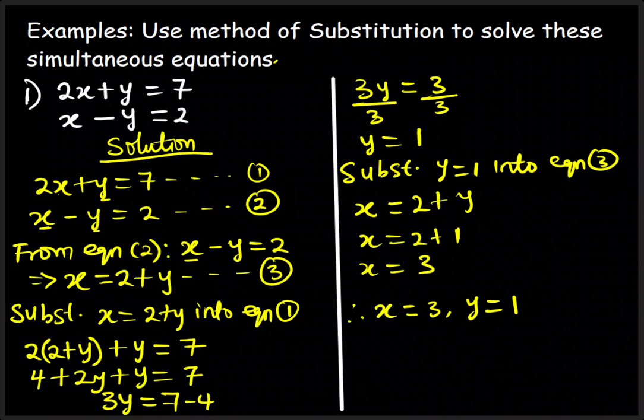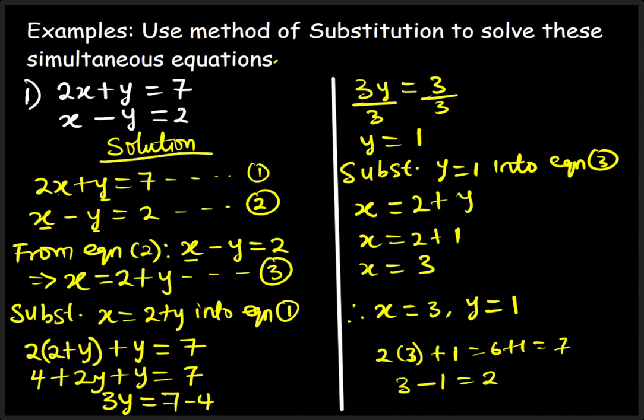So if we put it into equation 1, let's just do a little check here. 2 times, our x is 3, sorry, 2 times 3 plus 1, that will be 6 plus 1, giving us 7. If you check in equation 2, that will be x minus 1, that's 3 minus 1, equal to 2.